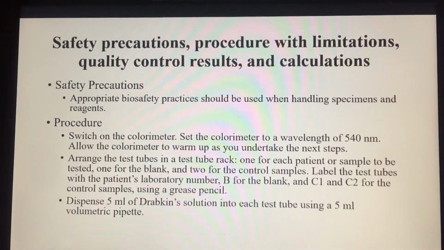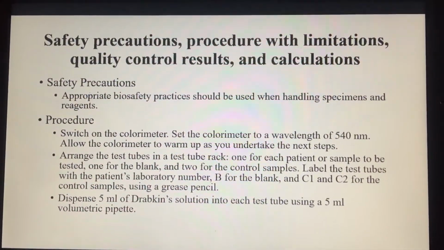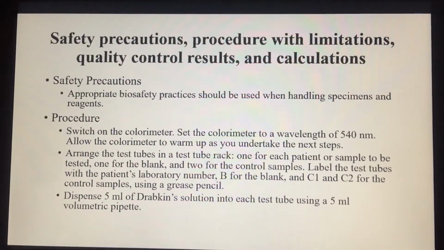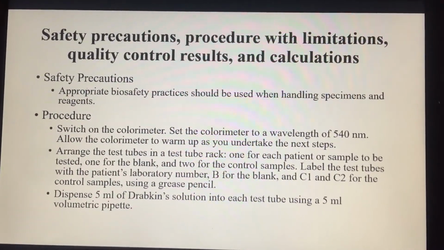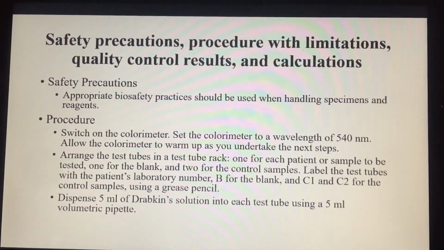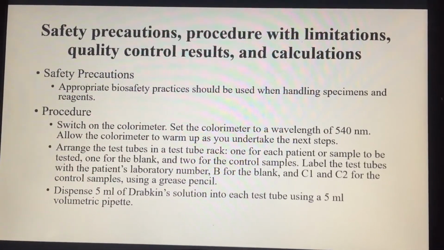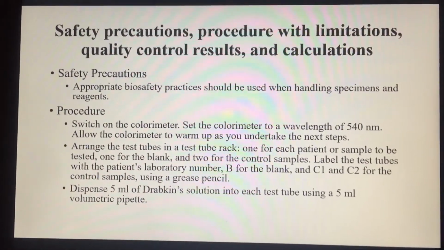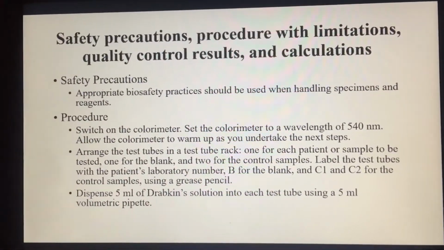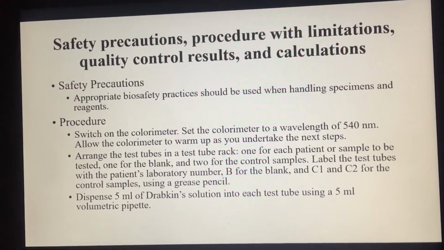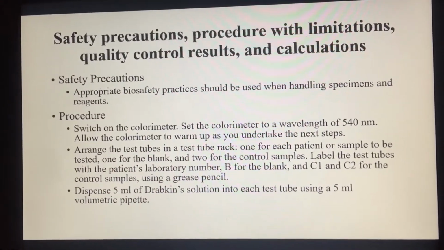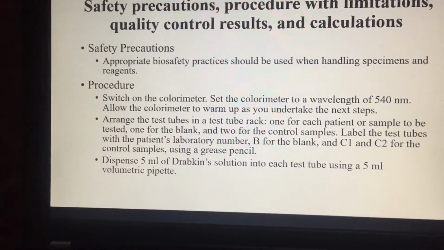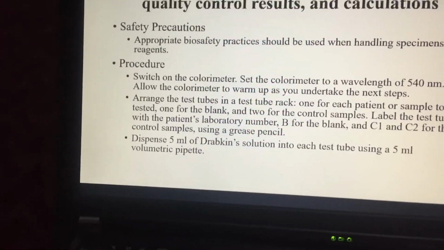So now let us see the safety precautions and procedure with limitations, and also quality control of the result, and lastly calculation. The safety precautions are those precautions that we keep in mind in order to make sure that everything goes very well.